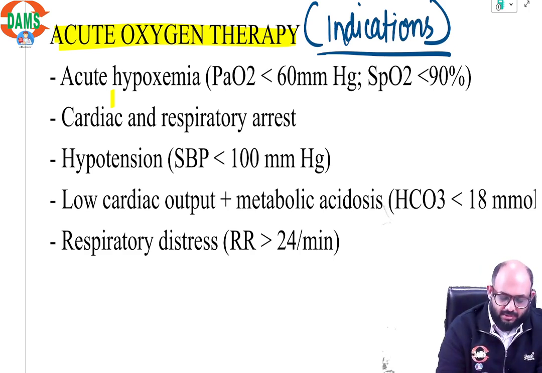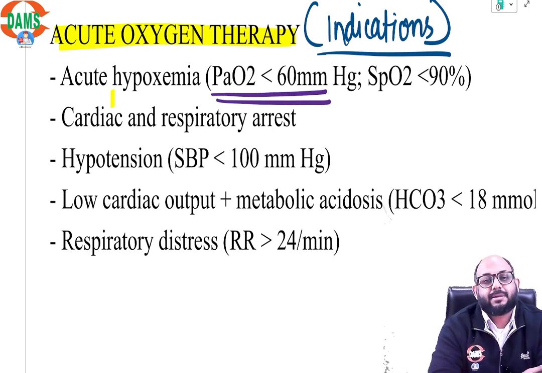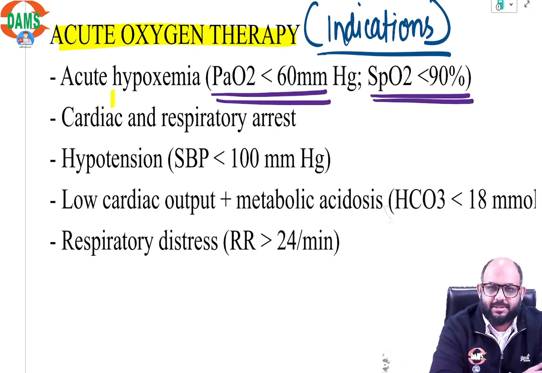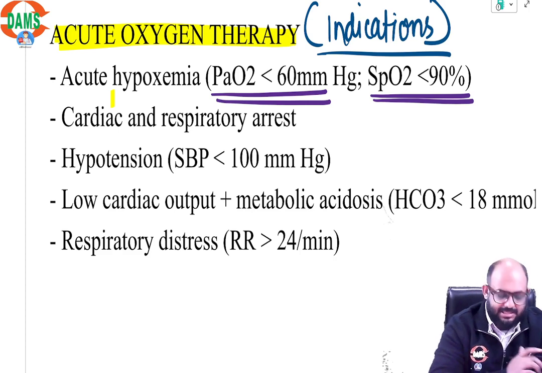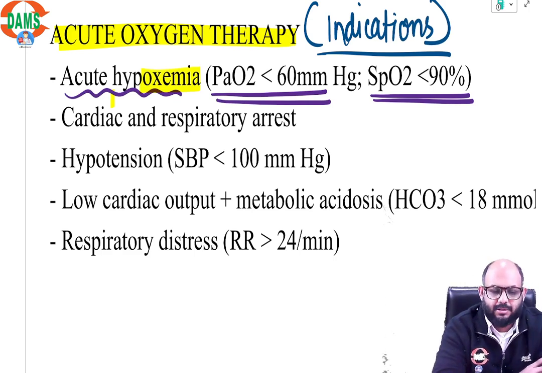So we have two things. One, we have an ABG finding, that is an arterial oxygen concentration less than 60 mm of Hg. Another is a pulse oximetry finding where we say SpO2 less than 90%. It is considered as acute hypoxemia. Again, look at the terminology, hypoxemia, that is decreased O2 concentration in the blood.